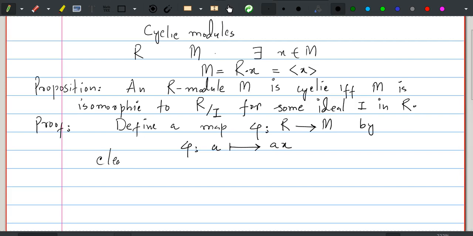So clearly phi is an R module homomorphism.